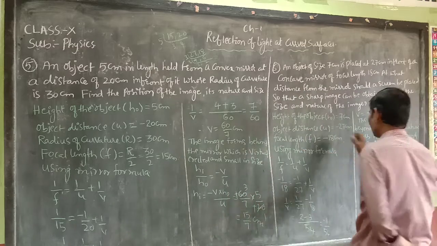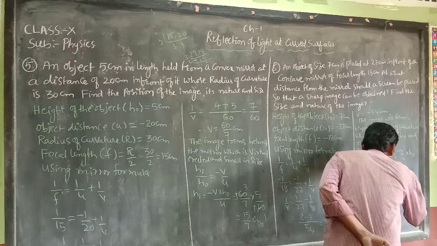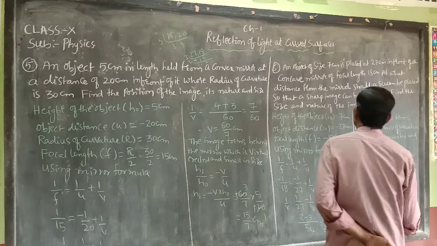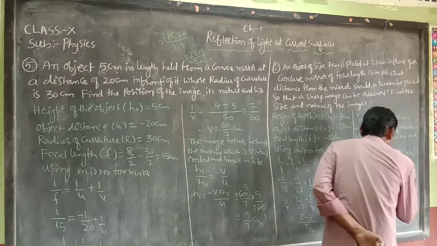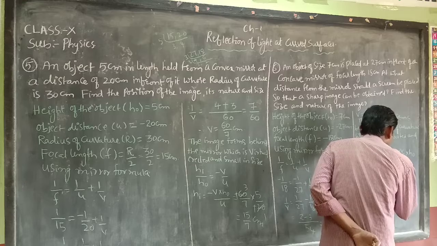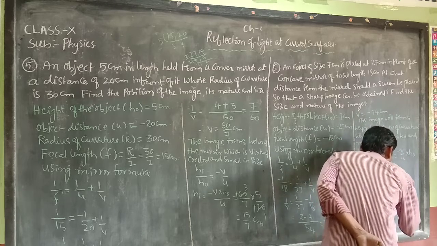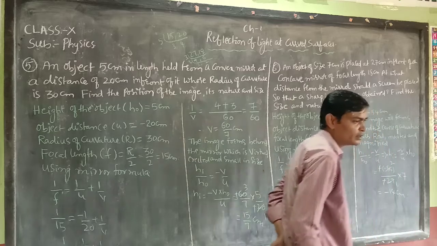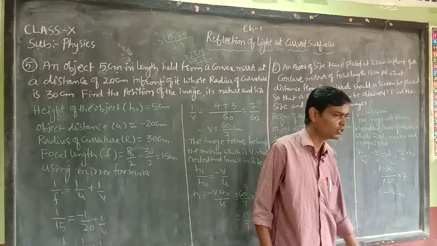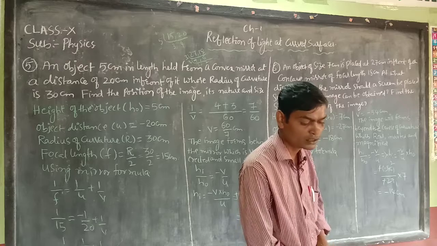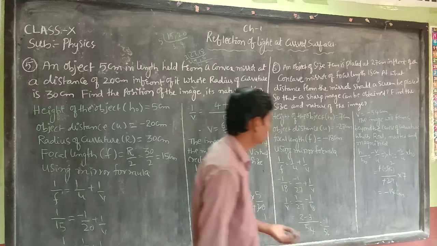Object distance minus 27 into the height of the object, how much? 7. So minus minus, what answer? 27 ones are 27, 27 twos are 54. Therefore, already minus is there, minus 14 centimeters. Height of the image is how much? Minus 14 centimeters.